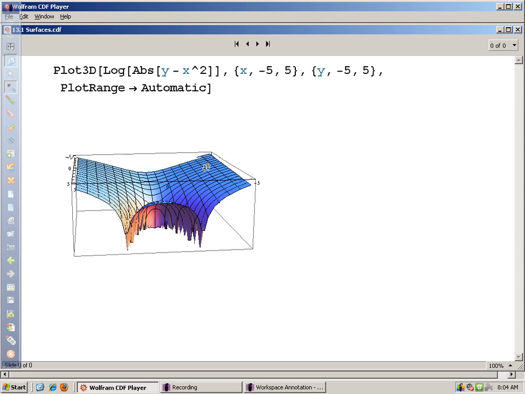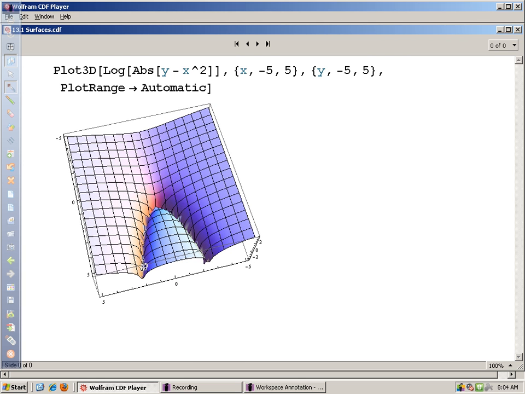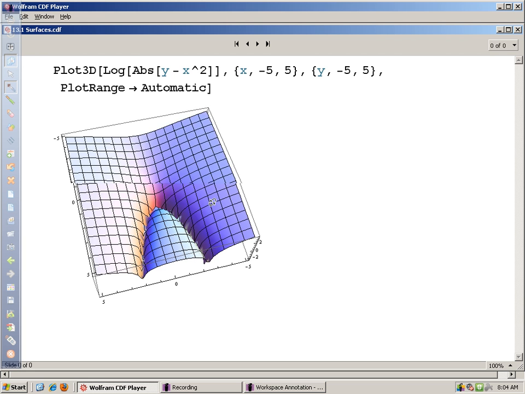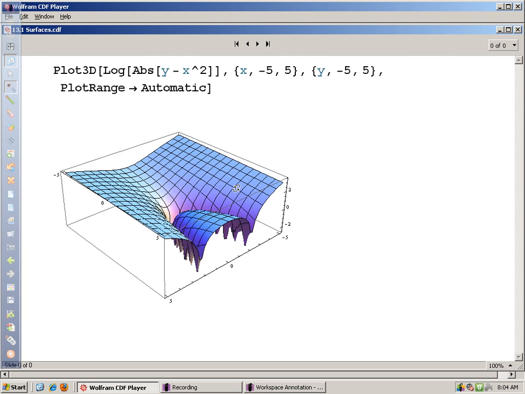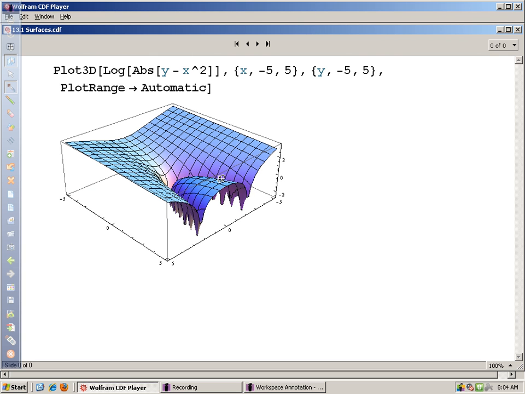So what's happening here along this? It's a parabola. Why does the function look like that? Scott says because natural logs are mean.